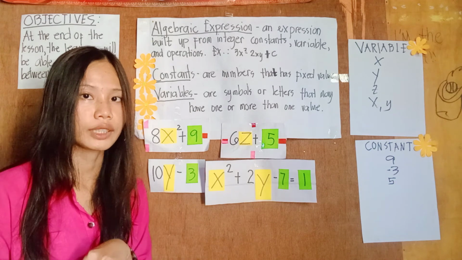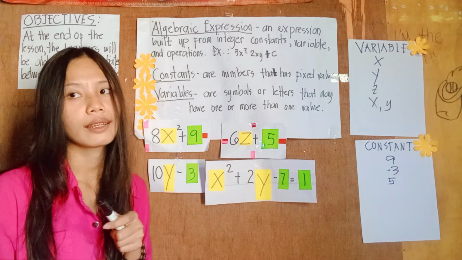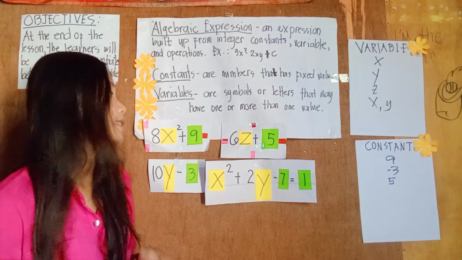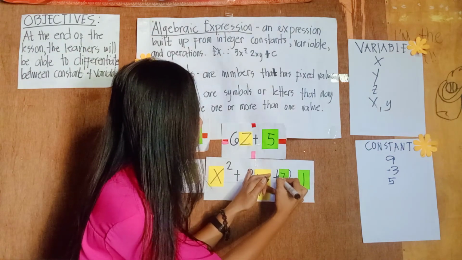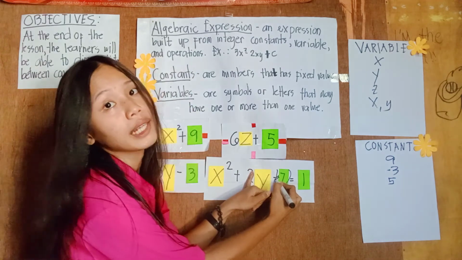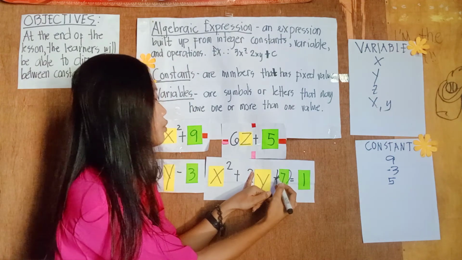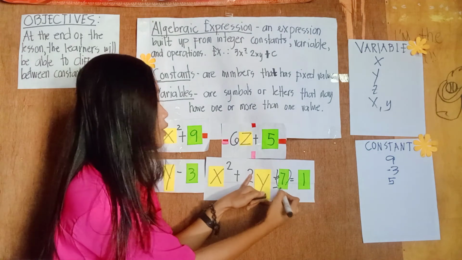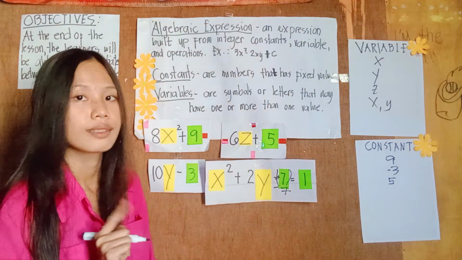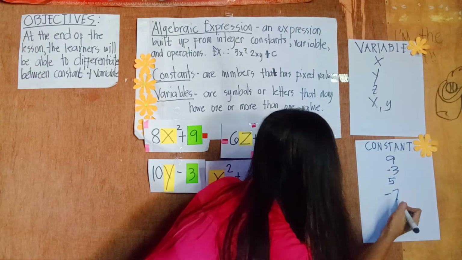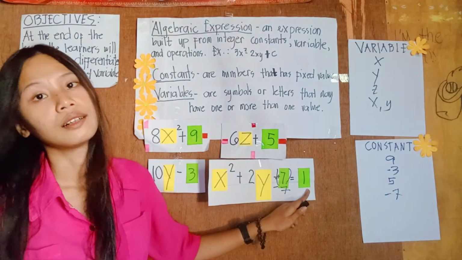Negative 7 or 7? Why negative 7? It's because this is plus. So plus minus, negative times positive is equal to negative. That's why it becomes negative 7. And 1.